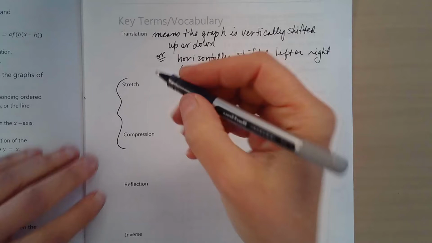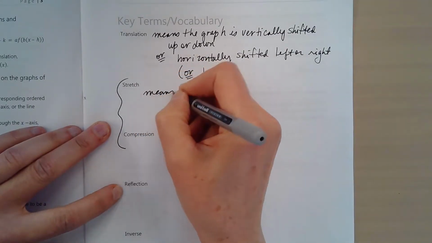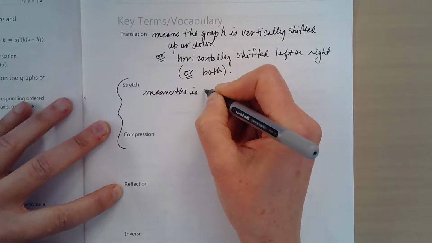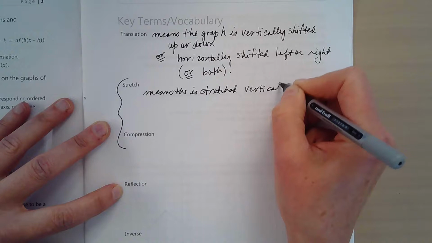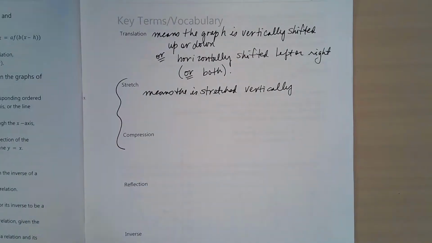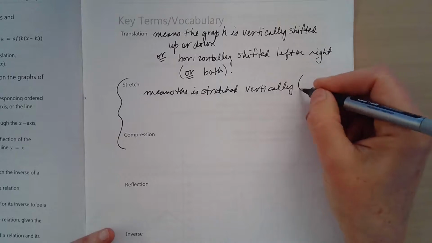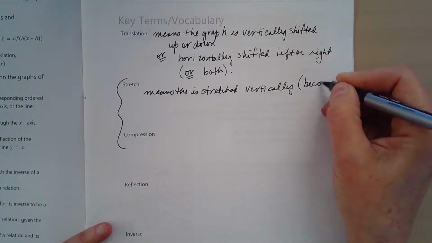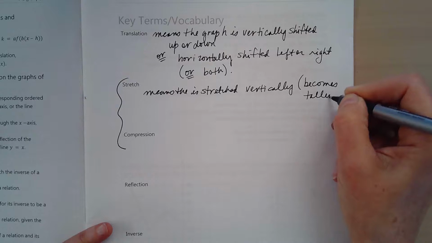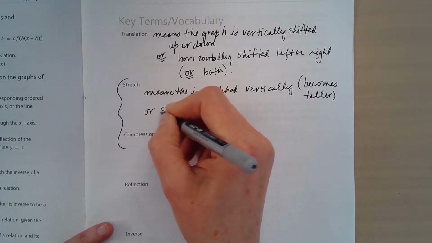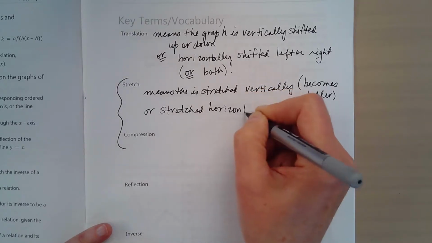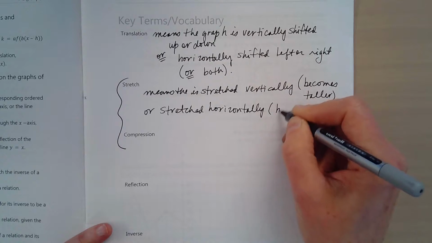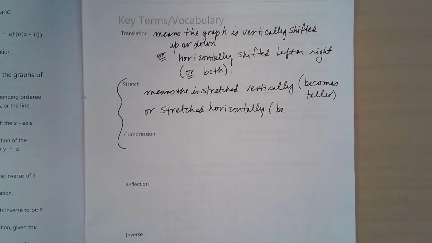It means the graph is stretched vertically, and if it's stretched vertically, the graph becomes taller, right? Or stretched horizontally. That would mean, even if I had a parabola like this, if I stretched it horizontally, it would become wider, right?